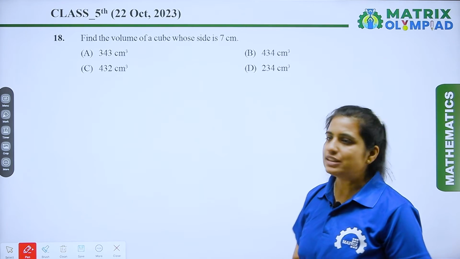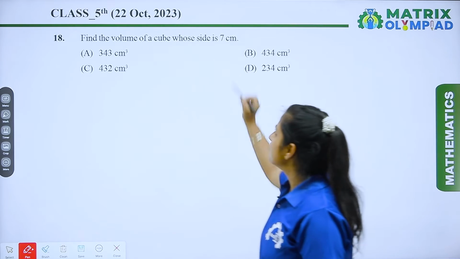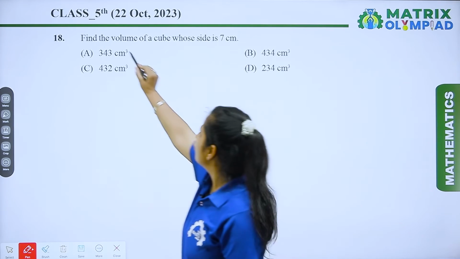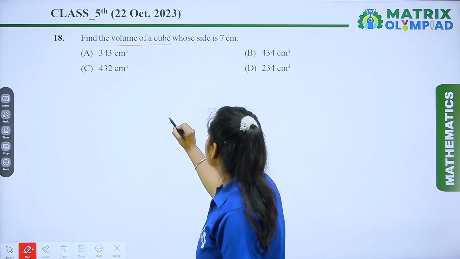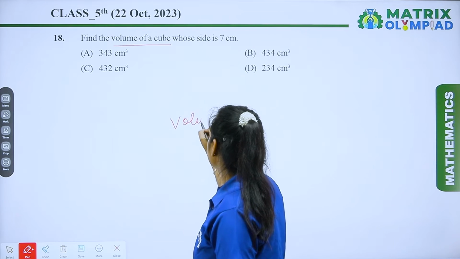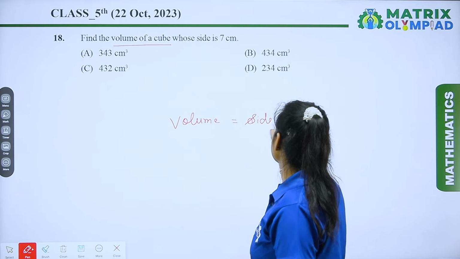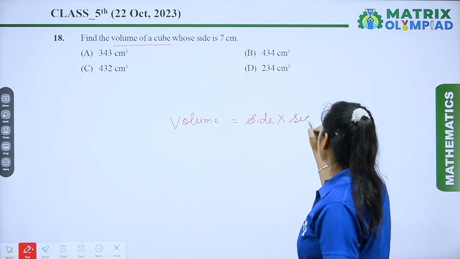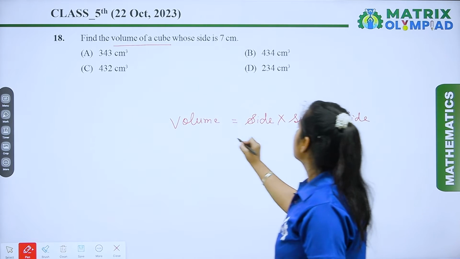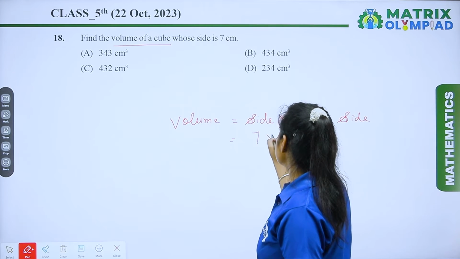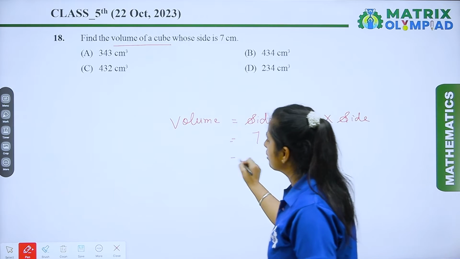Now the next question is question number 18. Find the volume of a cube whose side is 7 centimeter. We know the formula for finding the volume of a cube, that is side into side into side. So let's write down volume is equal to side multiplied by side multiplied by side, that is 7 centimeter multiplied by 7 centimeter multiplied by 7 centimeter.